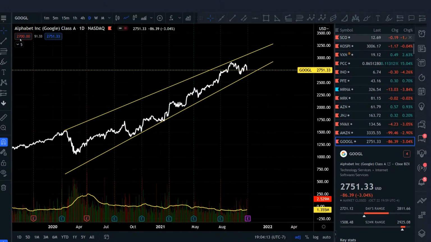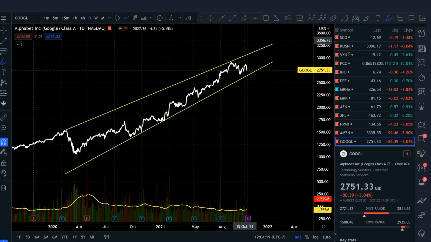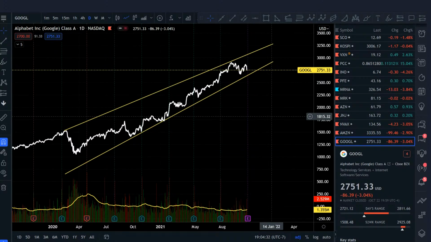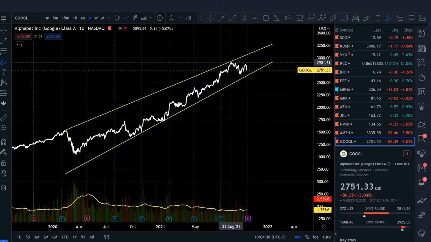All right, so it looks like Google right now is establishing its lower high right here. And we have earnings on, I think it's Tuesday. Rising wedge, not always, it'll become bearish if it breaks. It needs to fall down out of here, but it looks like it could happen.